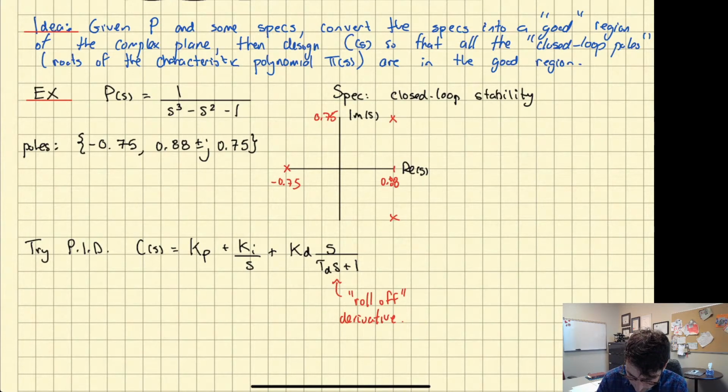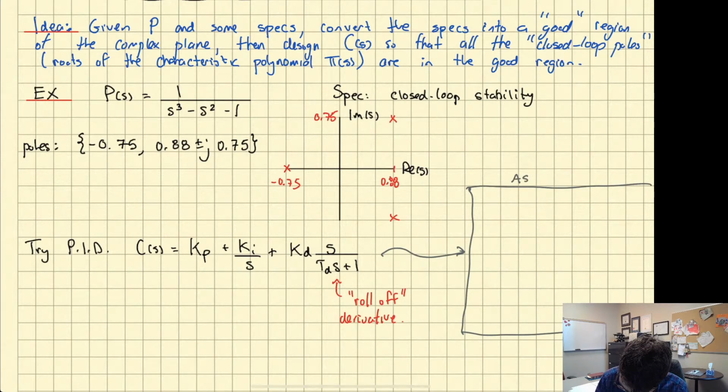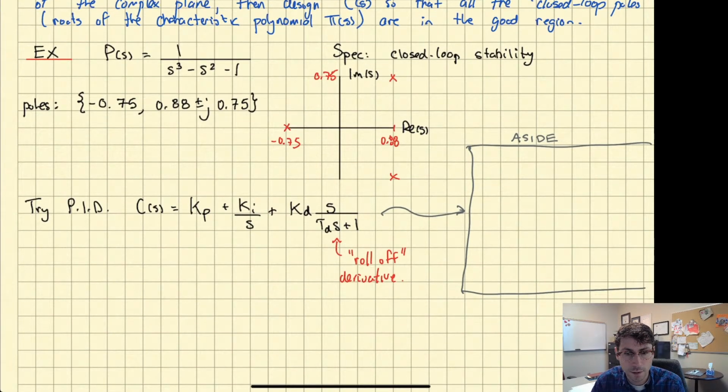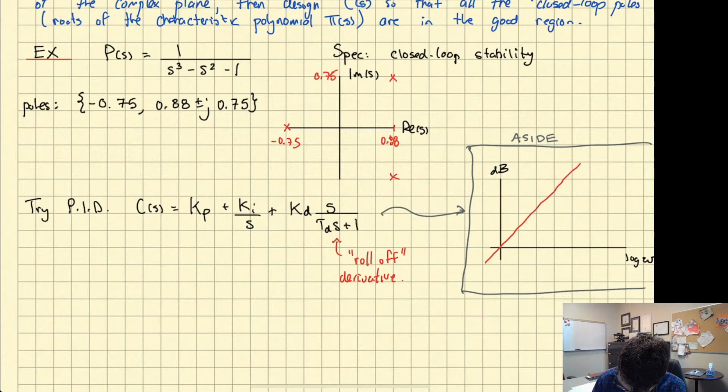And as an aside, in what sense is this approximately a derivative term? Well, let's look at the Bode plot. If I were to plot the Bode plot of a perfect differentiator, it would look like this.